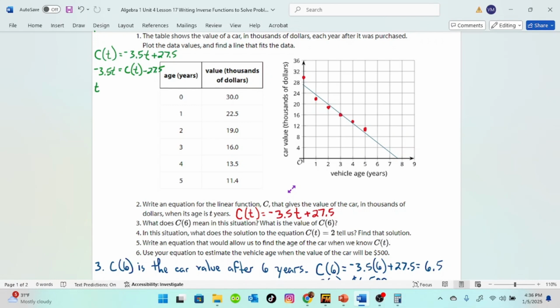And that gives us t equals c of t minus 27.5 over negative 3.5. This is now the inverse of the equation that we wrote in number 2. All we did was rewrite it to solve for the opposites.